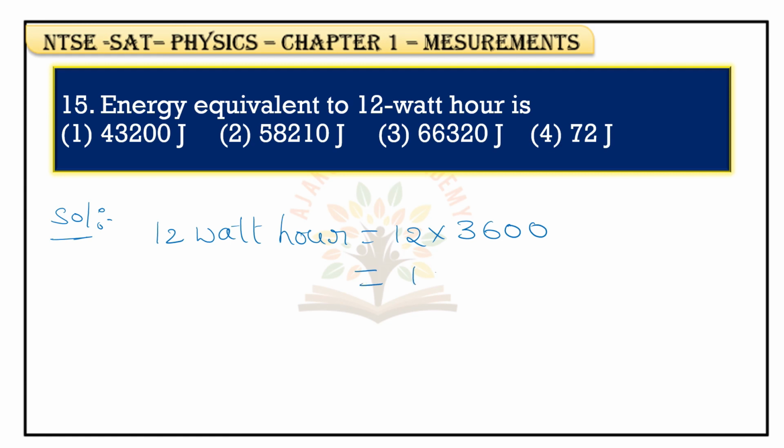So 12 into 3600, 43200, that is 43,200 joules. So this is the equivalent energy to 12 watt hour. So which option is correct in this? First option is correct, 43,200 joules. Okay.